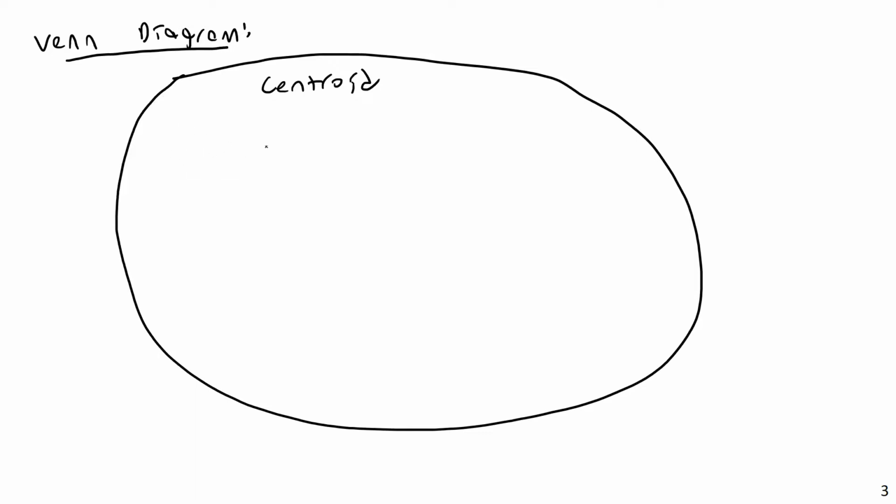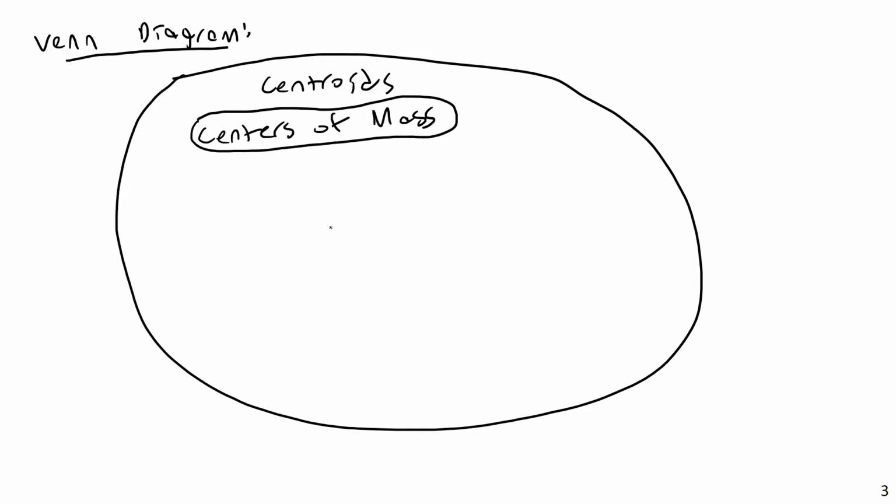Although all the things underneath these are 2D and 3D, so maybe I'll just do some overlapping circles as I'll show below. So all of these are centroids, and one primary major area of centroids would be centers of mass. That's a major category of centroids, and those are very important, especially for dynamics problems.